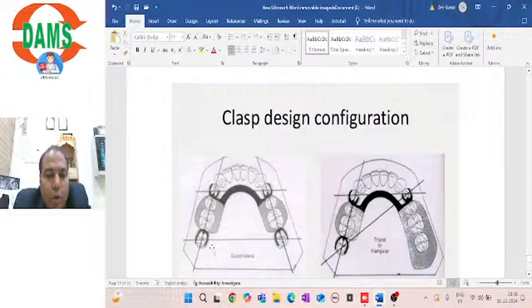There will not be any rotational forces. So that is why you have not added any indirect retainer anteriorly, right? For example, in Kennedy's class 2 mod 1, you see that a perpendicular bisector is forming on this premolar tripod configuration.